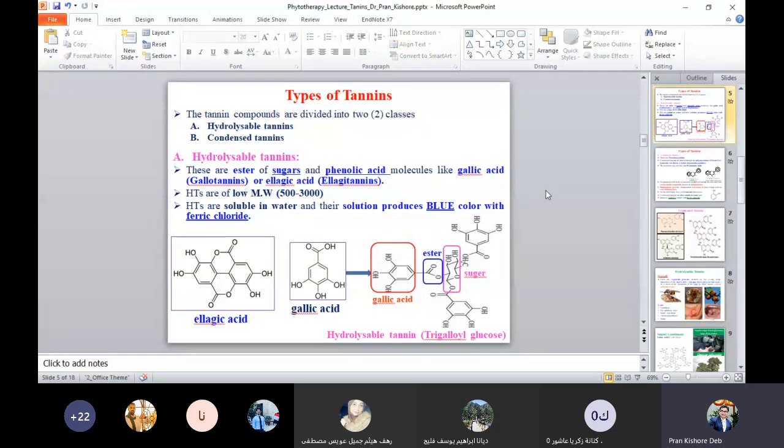Okay, we'll discuss this again. So you see the example here. You look at the structure, the big structure, the product here. Can you tell me in this structure how many ester bonds and how many phenolic acids you see, and what is the name of the phenolic acid?